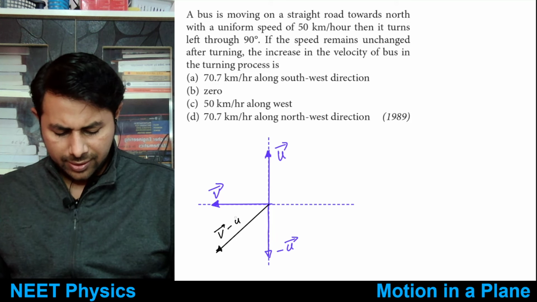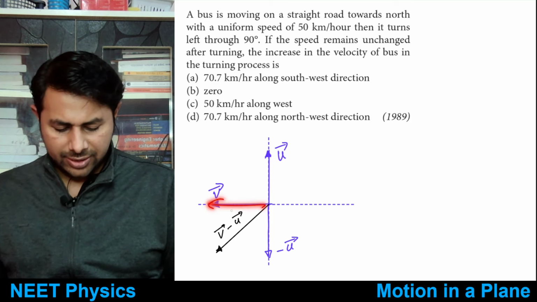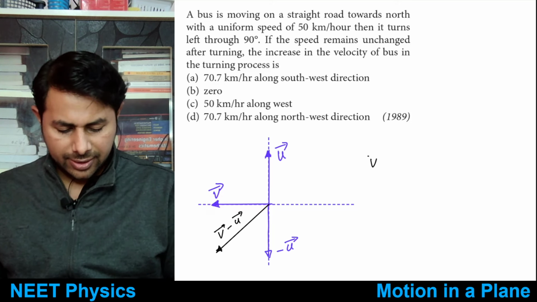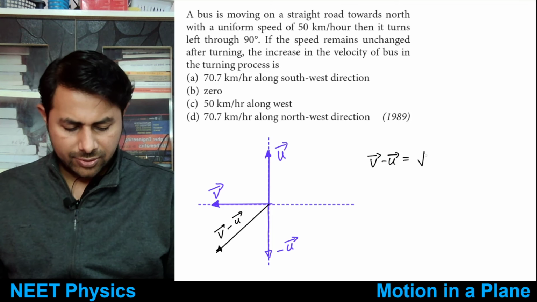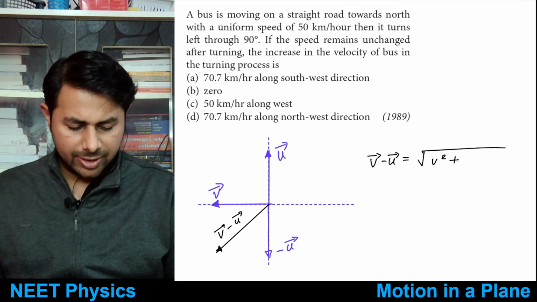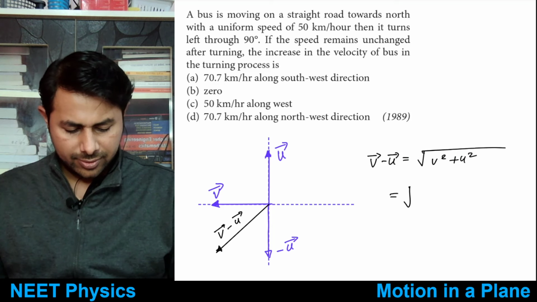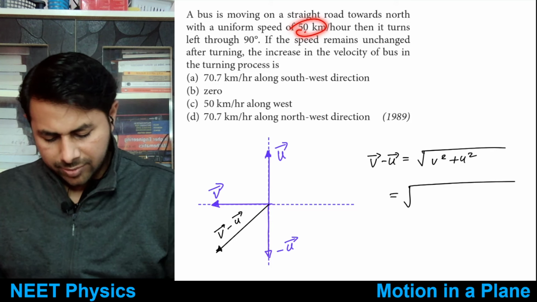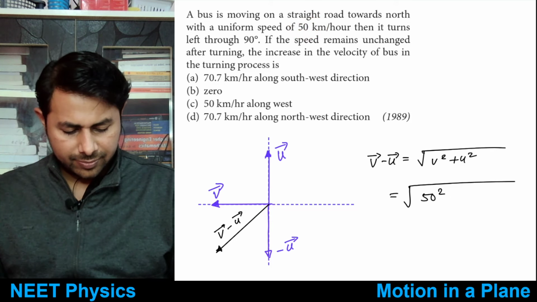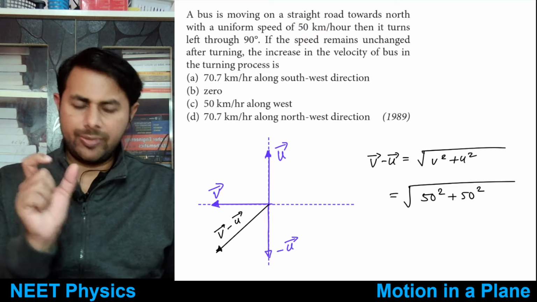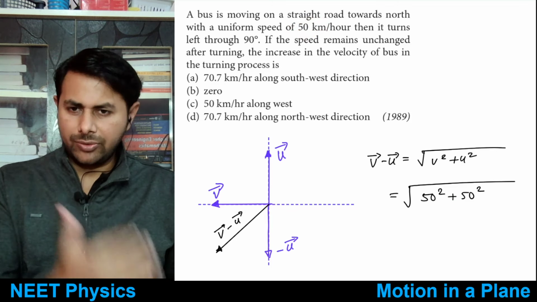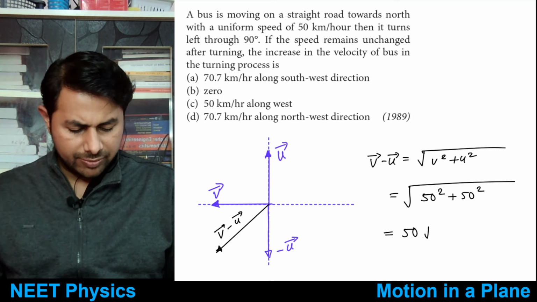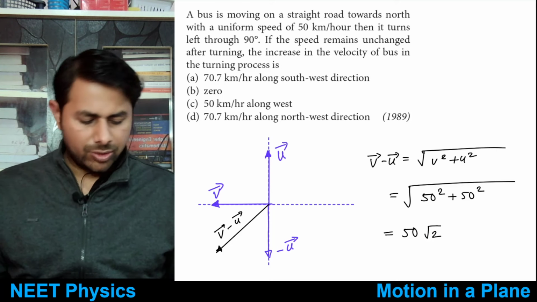v bar minus u bar, and speed remains constant. So what will be its magnitude? v bar minus u bar is the increment in velocity, so that is just equal to the square root of v square plus u square. This side square plus this side square, so that is 50 square plus 50 square, or 50 square times 2, and you want to take the square root of that. So 50 times root 2.